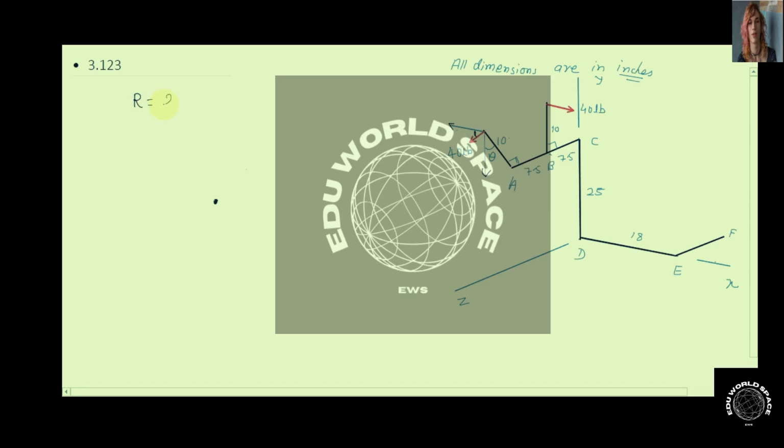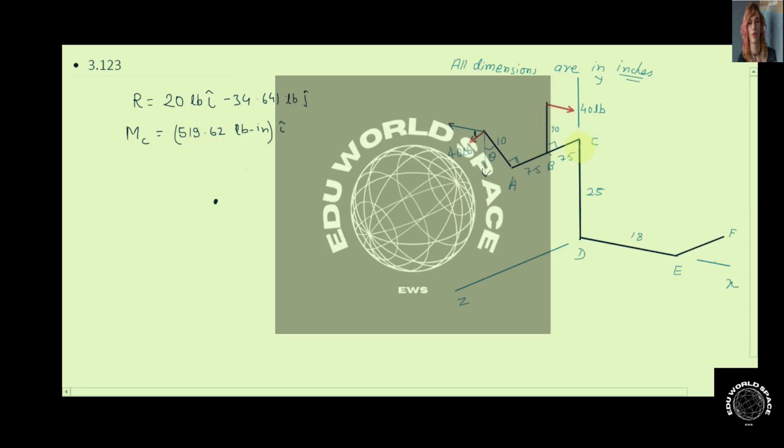R was 20 pound i cap minus 34.641 pound j cap, and the moment about point C was 519.62 pound inch i cap. So this was the result of the previous problem for the angle theta equals 60 degrees.